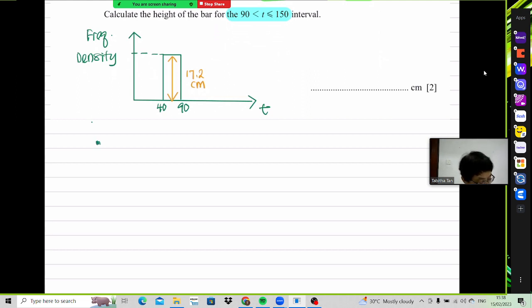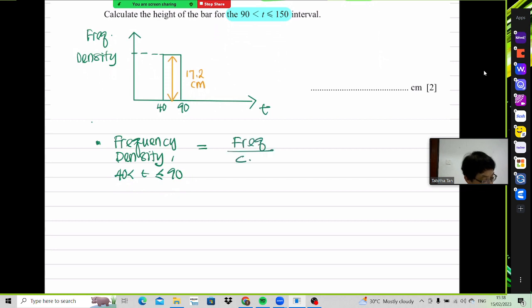So let's find the frequency density for the group 40 to 90 minutes. And of course, what is the formula? Frequency over class width.